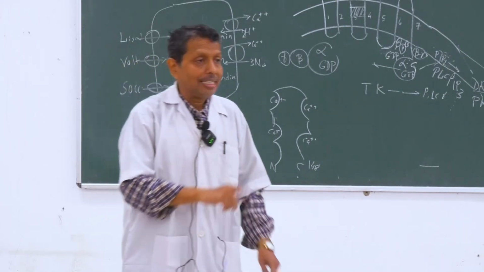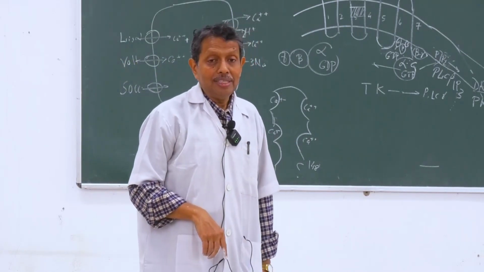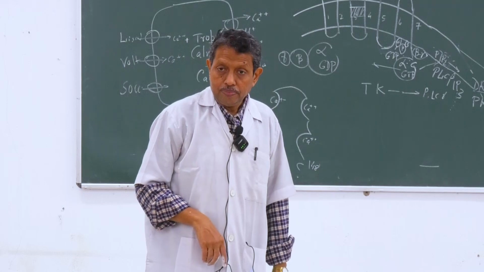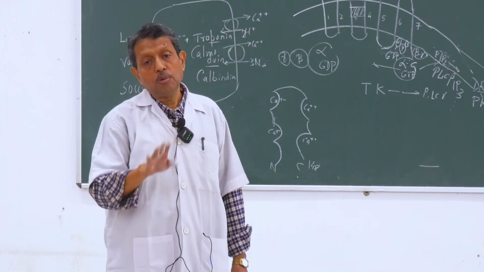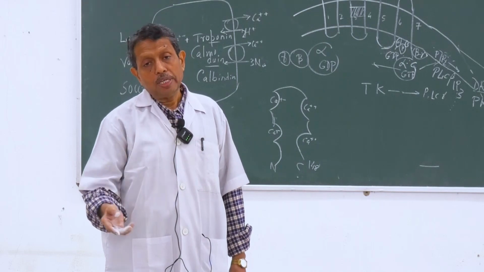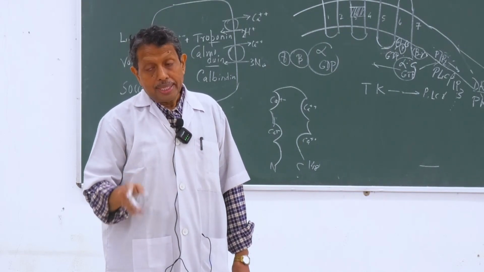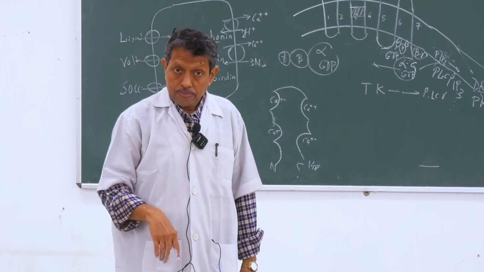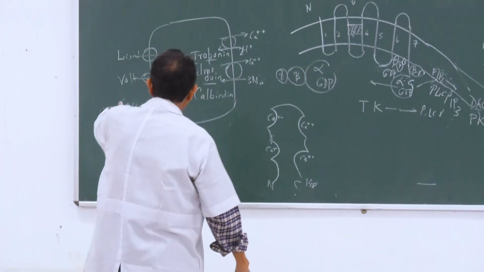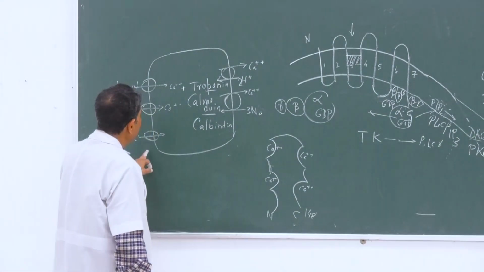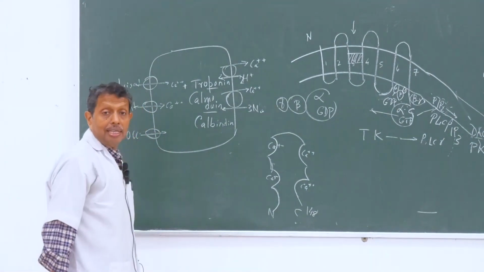Smooth muscle does not contain troponin; it contains calmodulin. In response to some stimuli, it may be hormone, it may be mechanical, whatever it may be, there is entry of calcium. Suppose in this case of ligand gated channel, voltage gated channel, there may be mechanically gated channel.